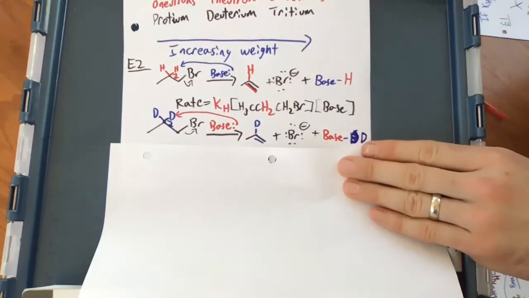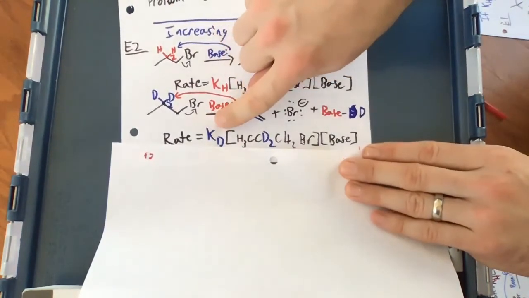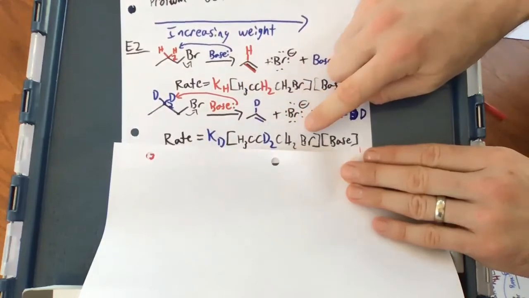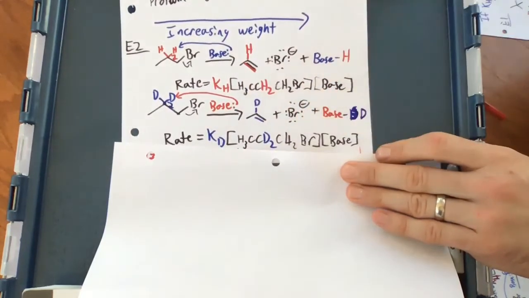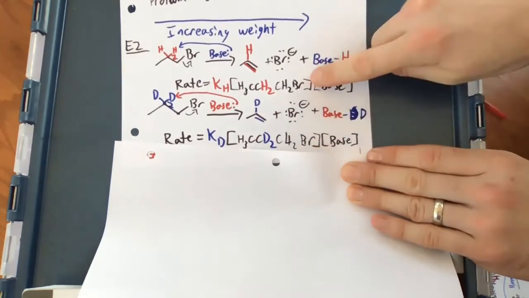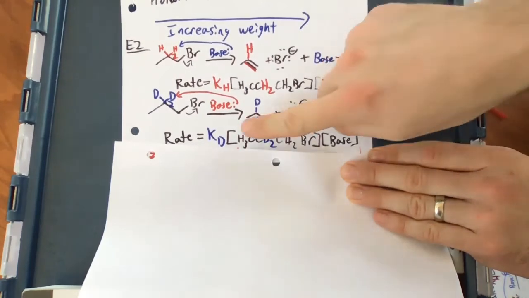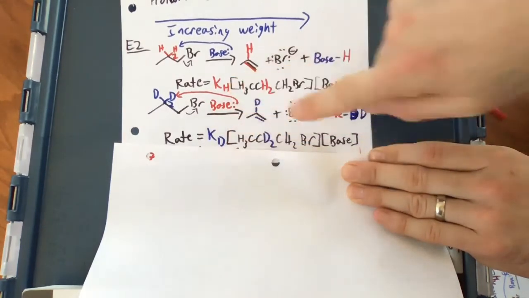And this time, the rate law is going to be equal to the deuterium rate constant times the deuterated alkyl bromide times the base. And as long as we keep the concentrations of these 2 and these 2 the same in both reactions, then we can directly compare the 2 rate laws.